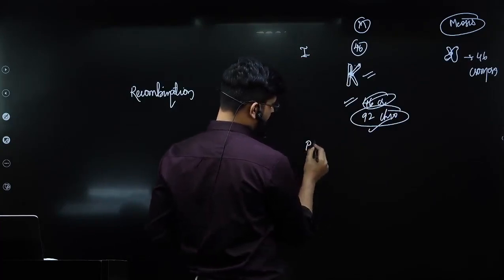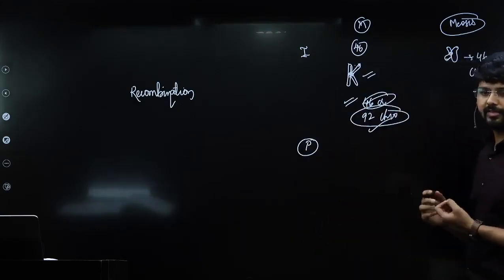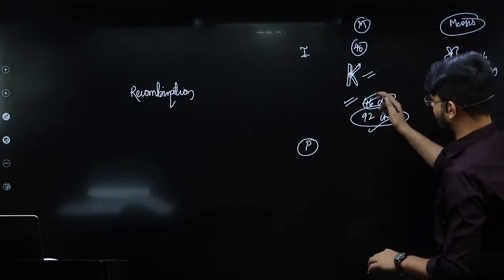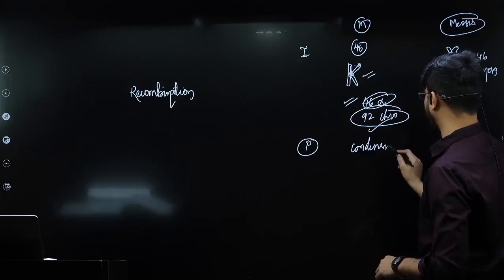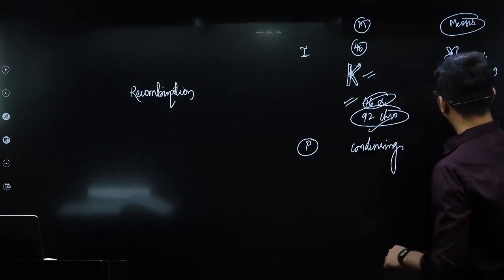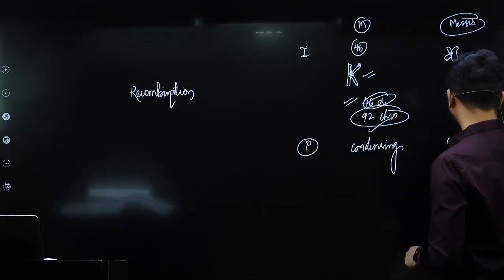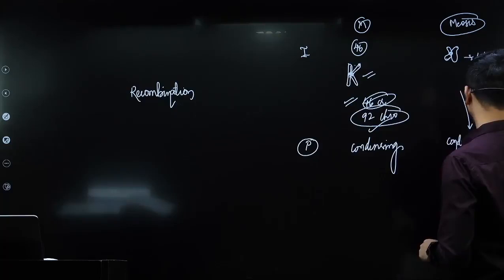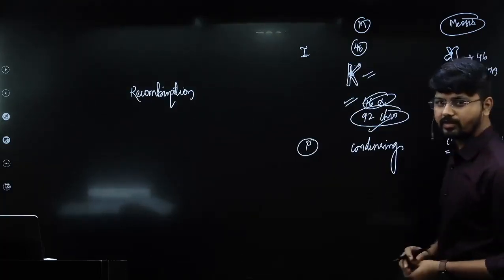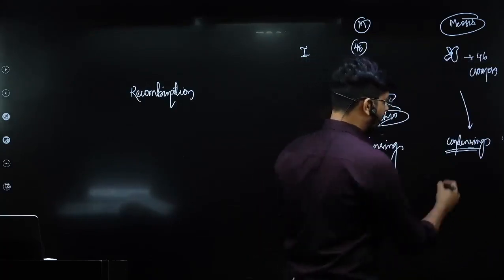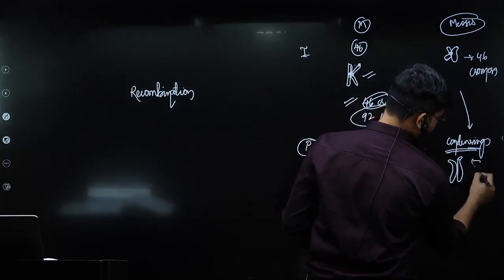Now there is prophase. In prophase, these chromosomes will thicken themselves so that they are visible. So condensing of nuclear material happens here, and along with condensing, there is homologous pairing. The mother's chromosome and father's chromosome will align themselves.